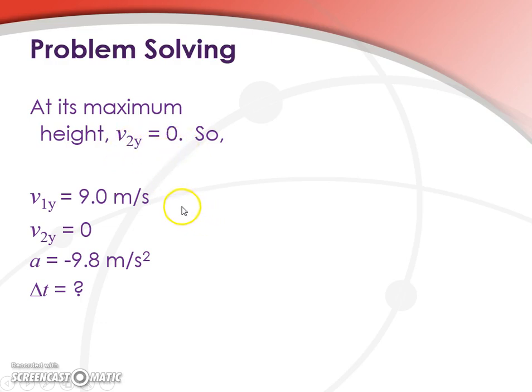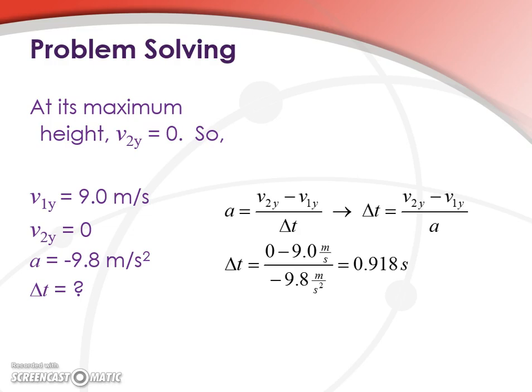So, if we perform the Gus exercise, we get v1y equals 9 meters per second, v2y equals 0, and the acceleration is negative 9.8 meters per second squared. And the question becomes, what's delta t? So it's pretty easy to get this.